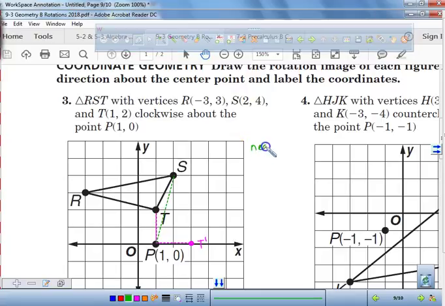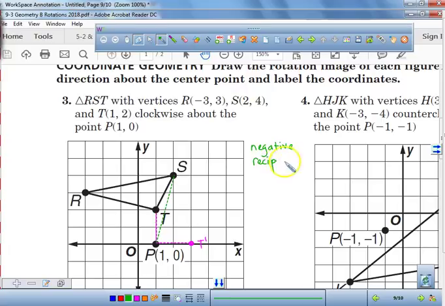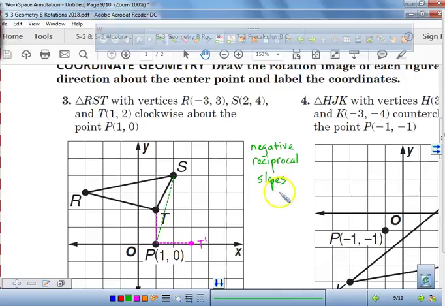Just remember, what do negative reciprocal slopes create? 90-degree angles. They make perpendicular lines, and that's what we're trying to do. Why are we trying to make perpendicular lines? Because that's dealing with 90-degree angles.